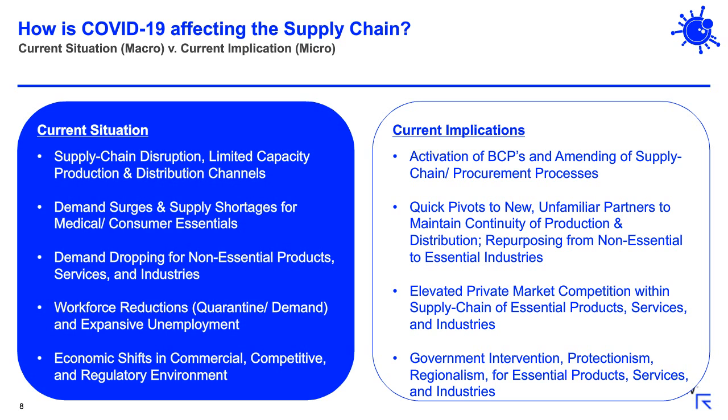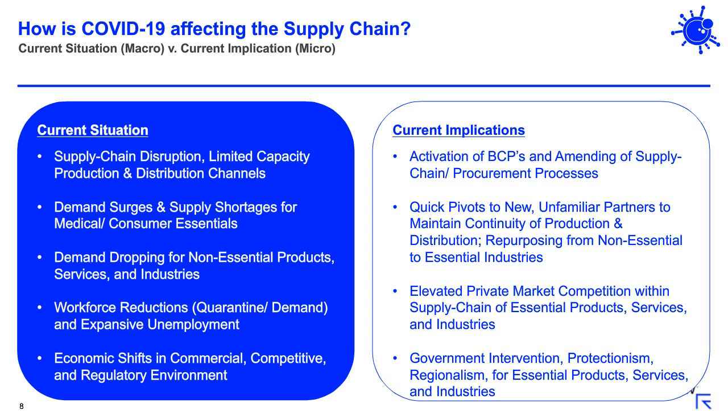The other side of that, in a zero-sum scenario, is the demand dropping for non-essential products, services, and industries. This has resulted in quick pivots to new, unfamiliar partners in terms of supplying and manufacturing, to maintain continuity for those more essential companies, as well as other seemingly non-essential companies repurposing their manufacturing to become an essential industry and assist the current situation in any way possible.